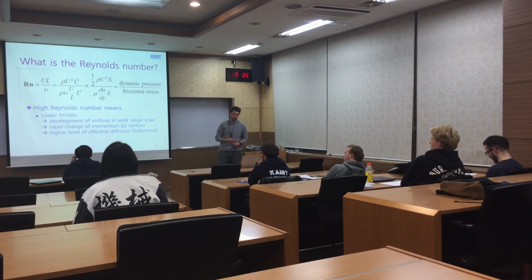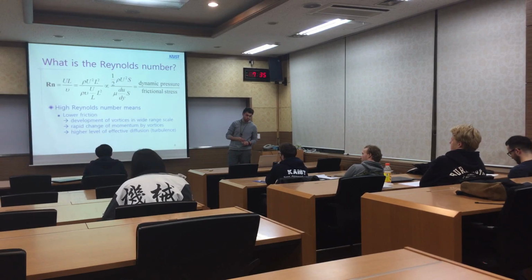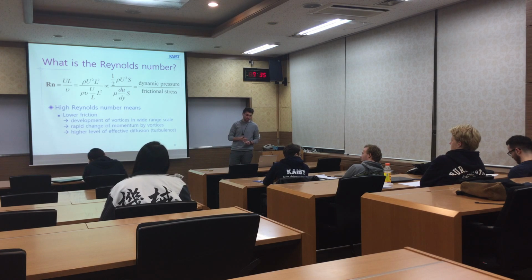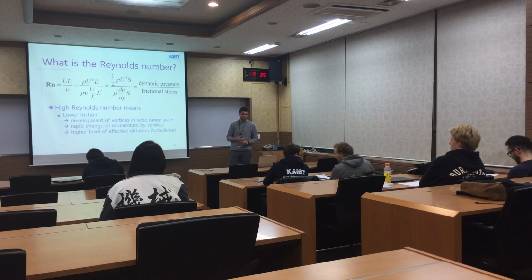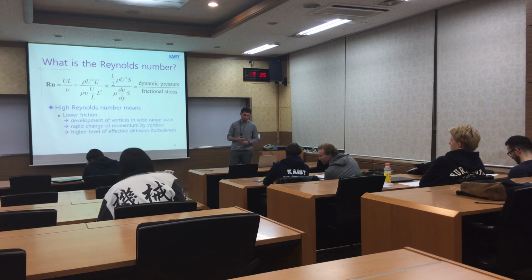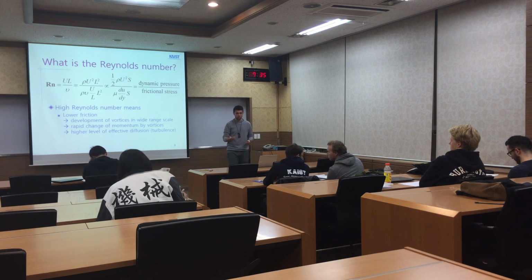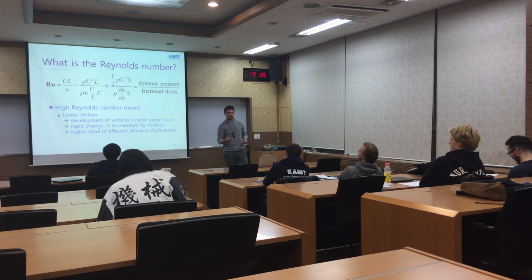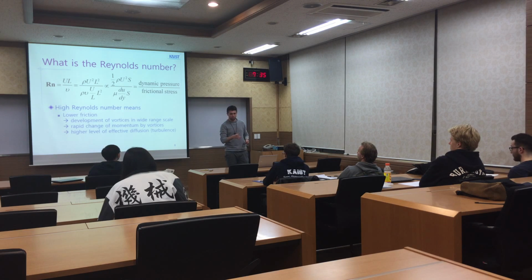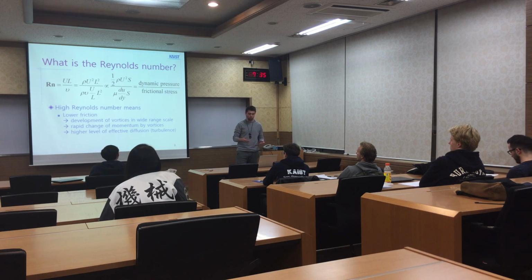And what is the Reynolds number? What does this number say? When you have a high Reynolds number, you have a development of vortices. You have a rapid change of momentum by vortices. Does everybody understand what vortices are? Yeah? Okay. And you have a high level of effective diffusion of turbulence.